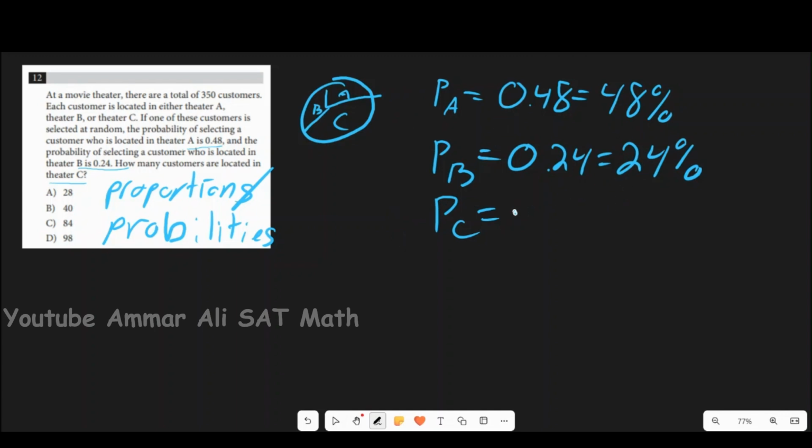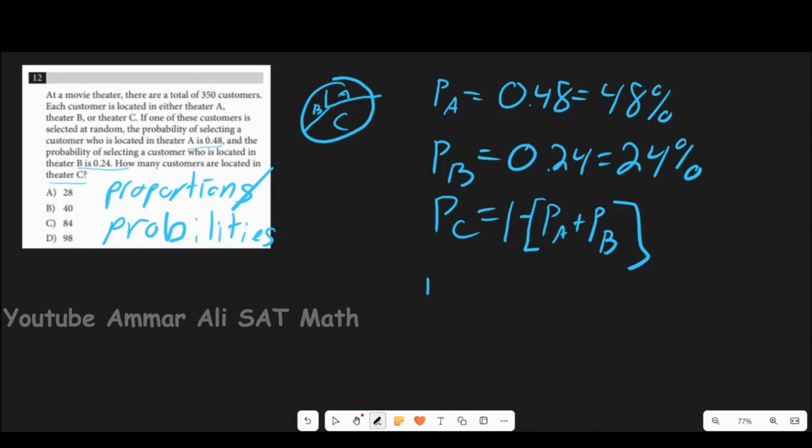So it would just be 1 minus (P of A plus P of B), in its own little parentheses. Let's figure out the probability of C, because if we know the probability of C, we can figure out the number of people in Theater C based off the probability or proportion that we get.